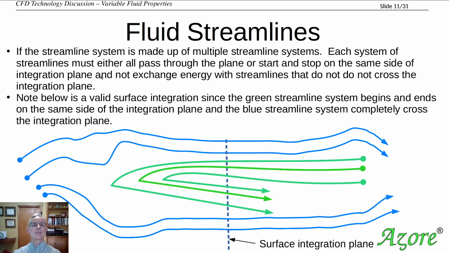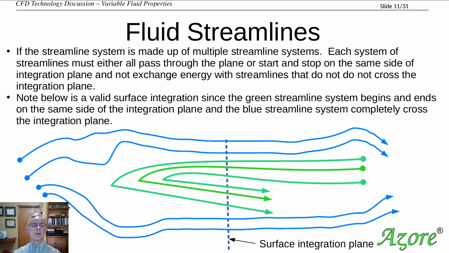Here we have a case where the streamline system is made up of multiple streamline systems, but they exchange only energy and are fully encompassed. You can see right here we have our blue streamlines. They start and end on either side, so that's good. And right here the green ones all cross over, but then they all eventually cross back.